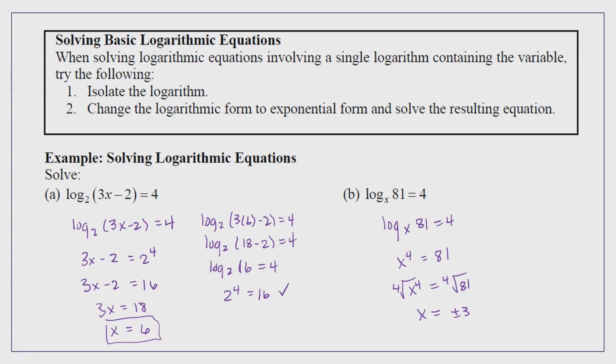But remember, the base of a logarithm must be positive. We can't have a negative base. Therefore, x equals only 3. Can't be negative. So when we substitute in 3 for x, we get the log base 3 of 81 equals 4. And 3 to the 4th equals 81 is true. So we know x equals 3 is the correct answer.